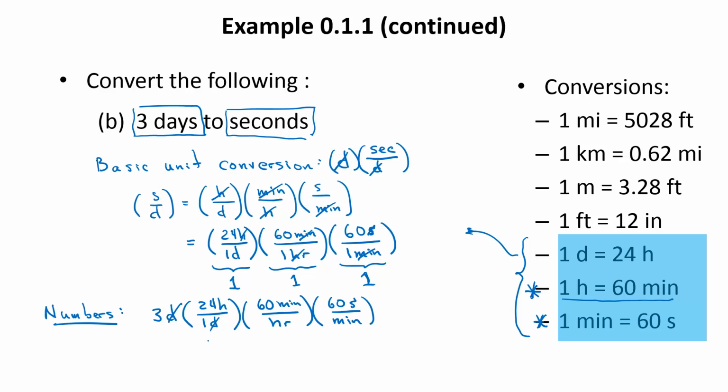Again, days cancel, hours cancel, minutes cancel, leaving me with seconds. If I do the numbers, this becomes 3 days is equal to 259,200 seconds.